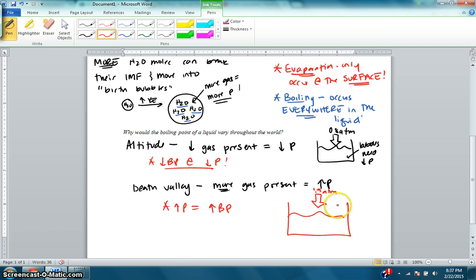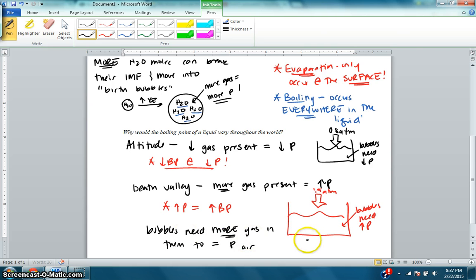Because I've got a higher pressure to overcome, my bubbles need a higher pressure. And because they need a higher pressure, we need even more heat. The bubbles need more gas in them to equal the pressure of the air.